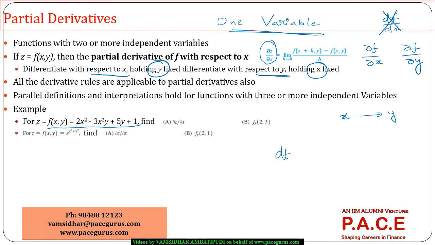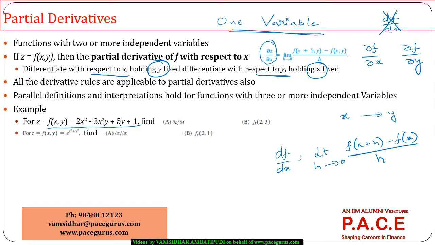In df by dx, if you want to remember the usage of limits, I would say limit h tends to 0, f of x plus h minus f of x divided by h. This is what we were calling the derivative.